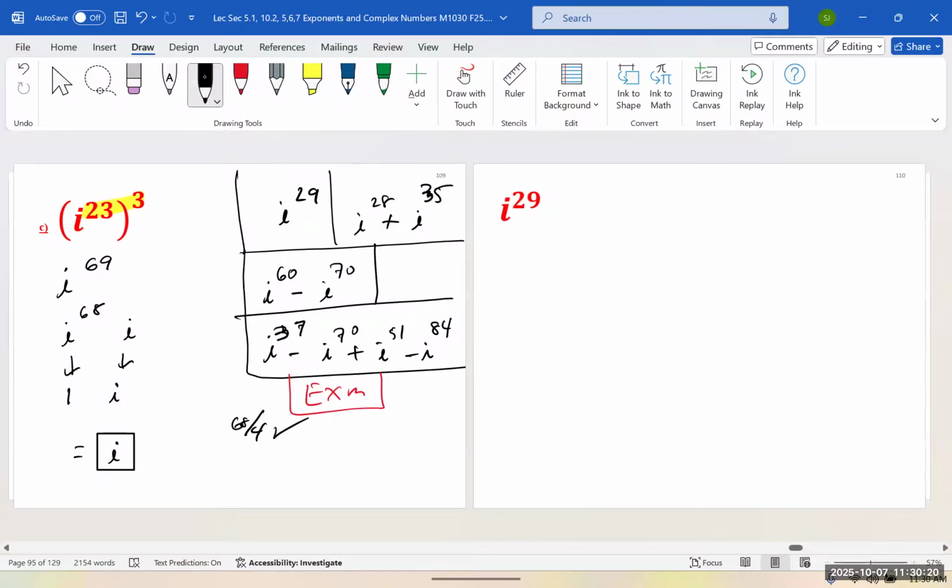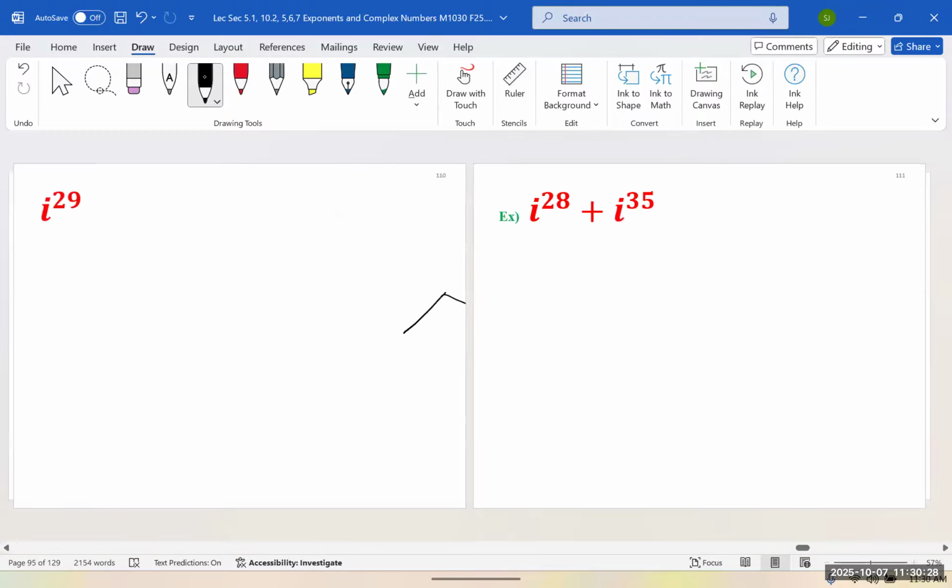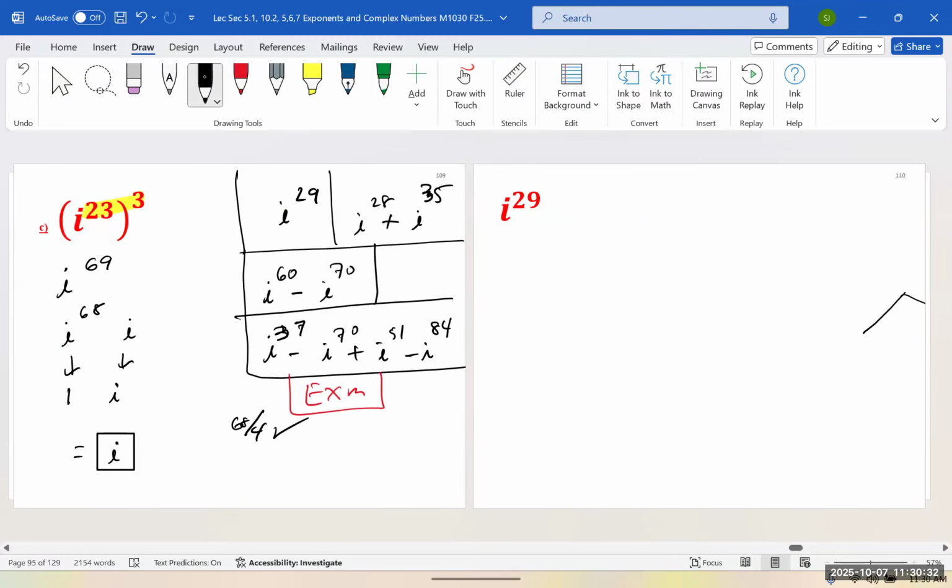For the next one, 29, is it odd or even? So you have to split. Let me do it here.